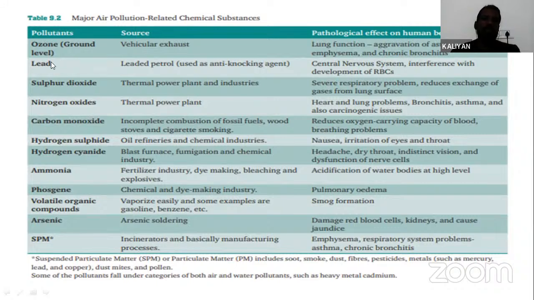So these are the major ones: ozone, sulfur, nitrogen from thermal power plants, carbon monoxide from combustion of fossil fuels, wood stoves and cigarette smoking, hydrogen sulfide from oil refineries and chemical industries, hydrogen cyanide from blast furnaces, fumigation and chemical industry, ammonia from fertilizer industry, dye making, bleaching and explosives, and phosgene from chemical and dye making industry, and volatile organic compounds that vaporize, for example gasoline and benzene.